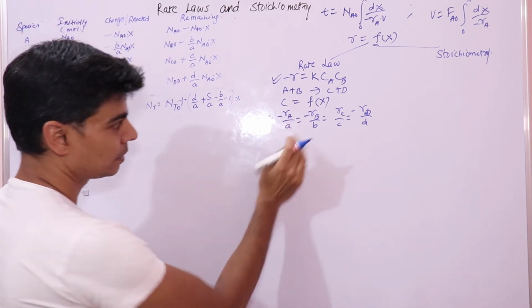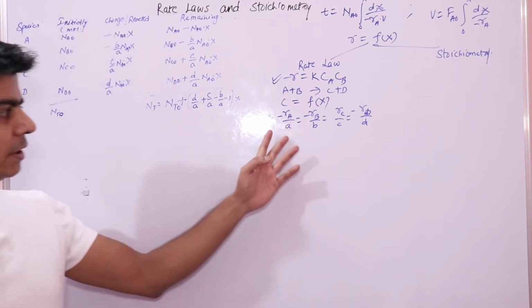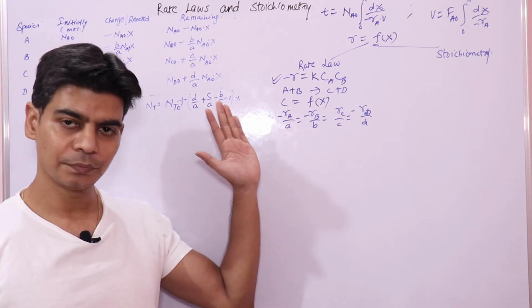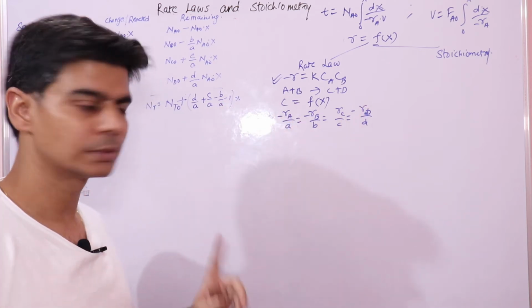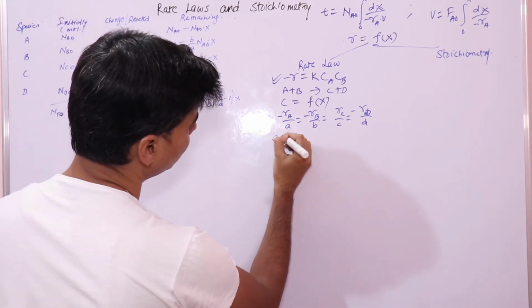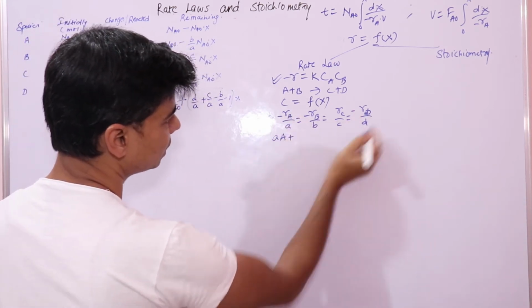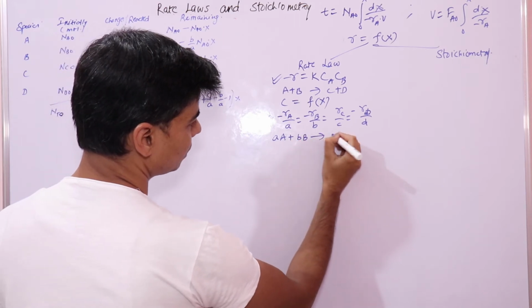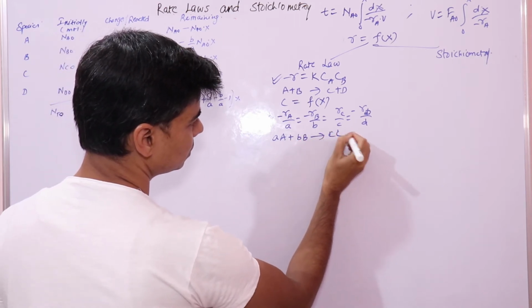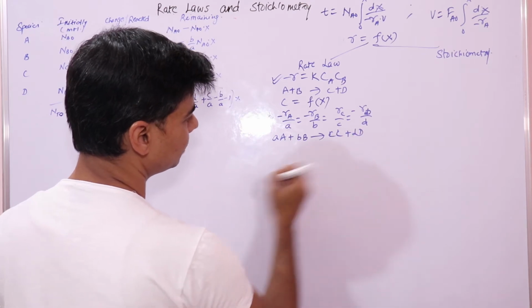Using this expression, we will define all the reactants and products in terms of one reactant, in terms of one species. For example, we derive this equation for this type of general reaction, aA plus bB gives cC plus dD.